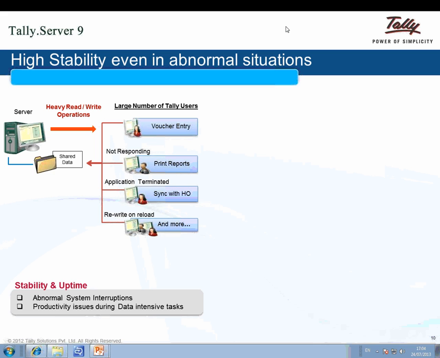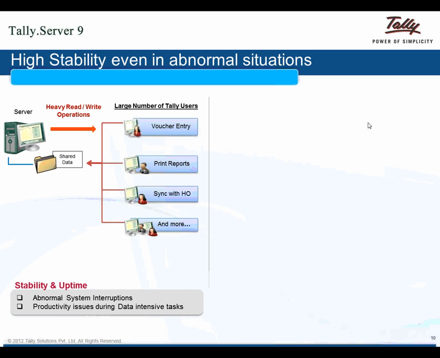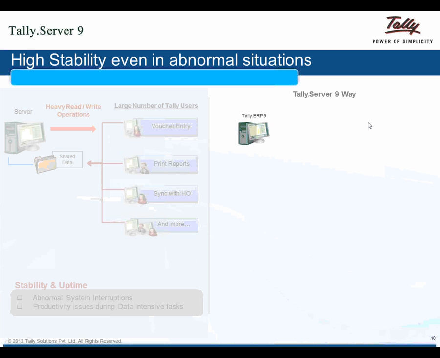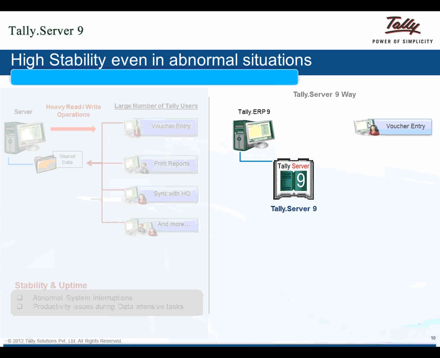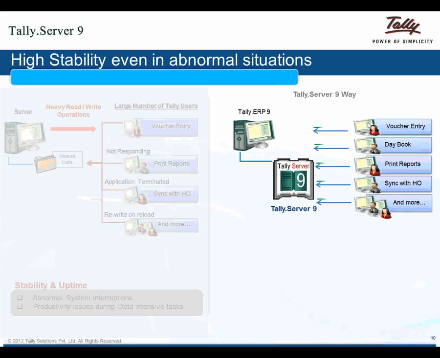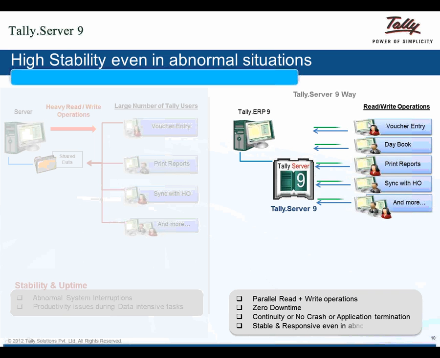You can see the difference. With Tally Server 9, if you have ERP accessing data through Tally Server 9, each and every user will get an individual session and need not depend on anyone's activity.